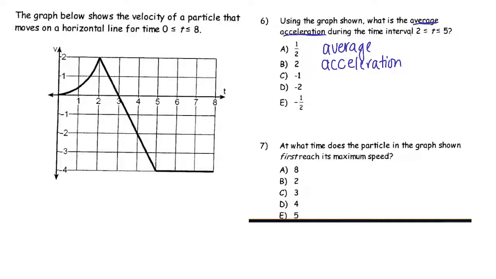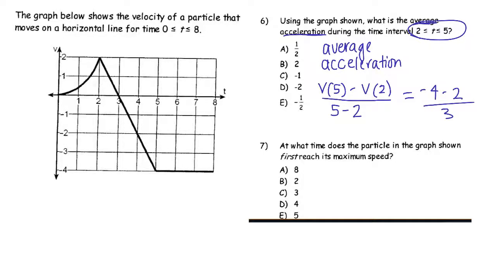Average acceleration over this time interval is going to be v at 5 minus v at 2 all over 5 minus 2. And then you go to your graph, and v at 5 is -4 minus, and then you see minus 2 all over 3, and you do your nice little number magic here, and it looks like you should end up with -2.